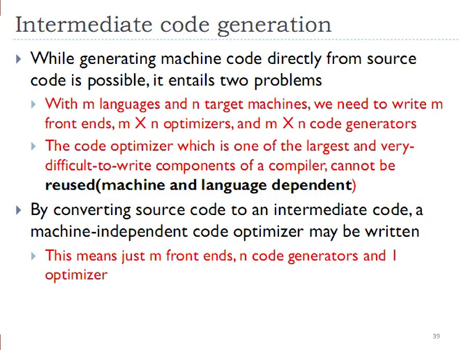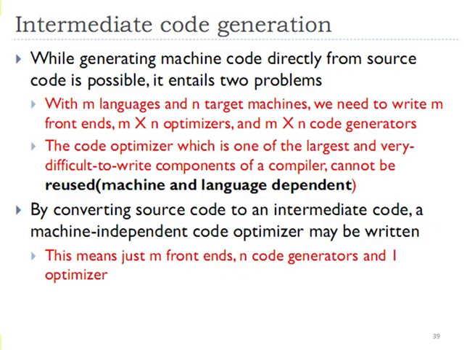While generating the machine code directly from the source code is possible, it entails two problems. It is possible to directly generate target code from the source code without having an intermediate code, but this creates two problems.